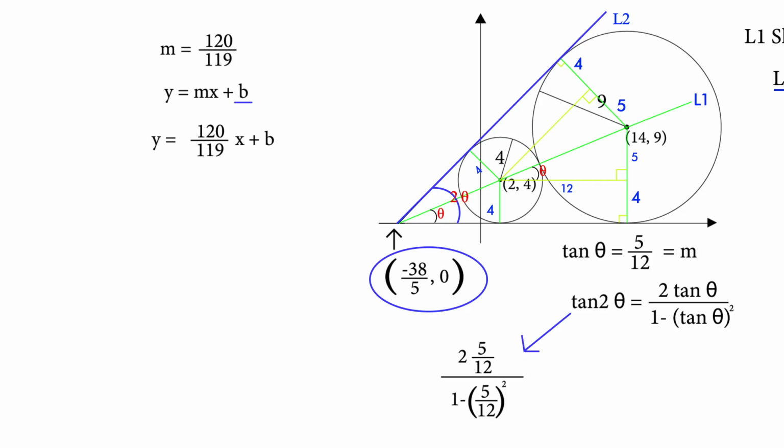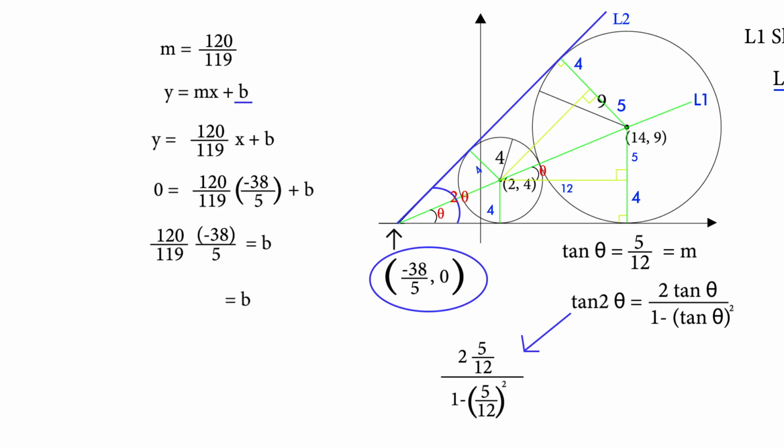So we've got 0 for y is equal to 120 over 119 times x, where x is minus 38 over 5, like that, plus b. So put everything on the other side. You get positive 120 times 38 over 119 times 5.